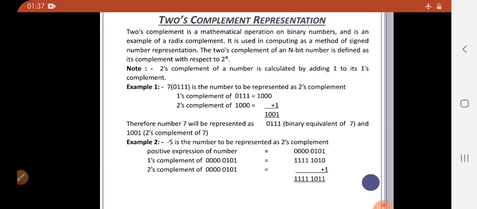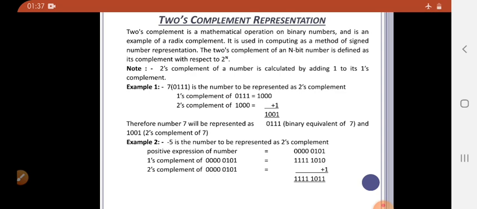First of all, we have to convert it into the positive expression of the number. Minus 5 is represented as 00000101. Now many will say, sir, minus 5 can be written as minus 101. Yes, you are right.